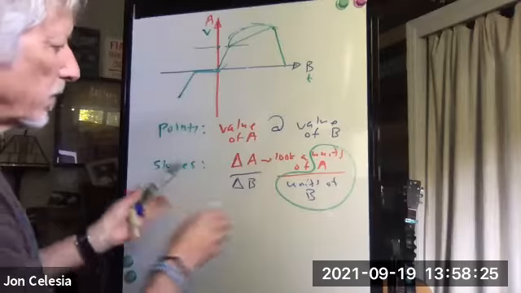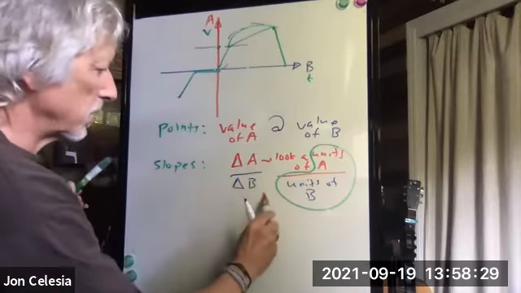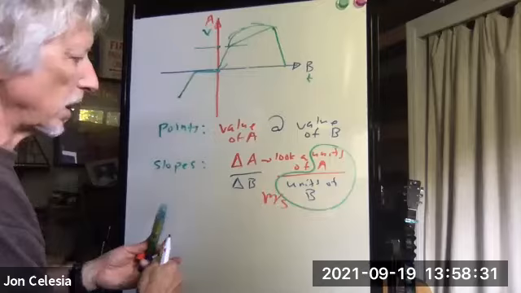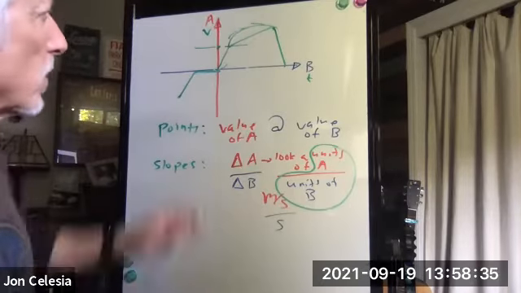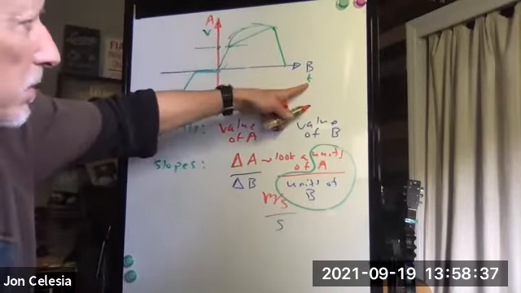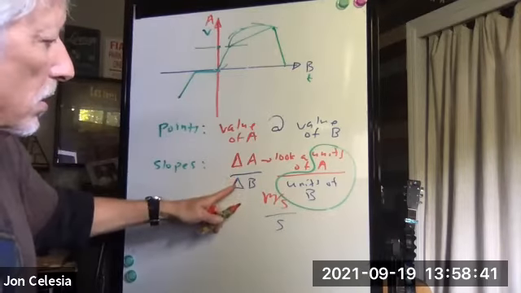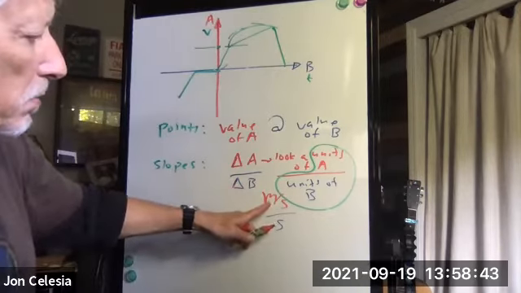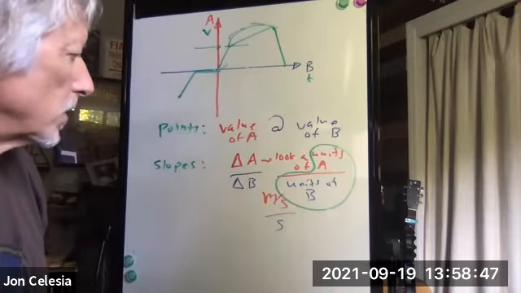So that would be how much my meters per second change per second. So on a velocity versus time, that slope means meters per second acceleration, right? Right, acceleration.